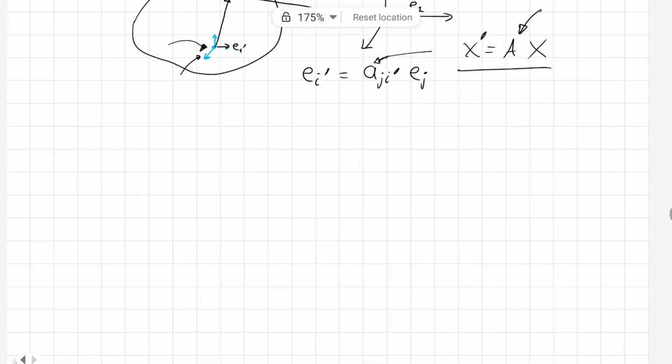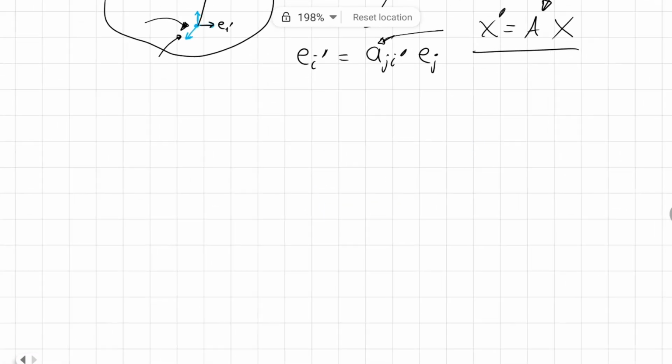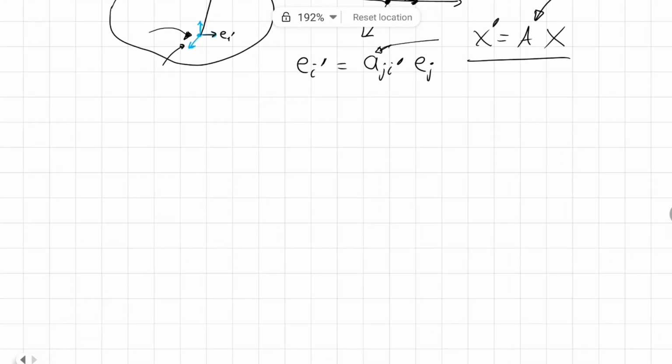And you should remember the video that we made talking about the inertia tensor, where we deduced the inertia tensor components of the rigid body. We found an expression that involves these elements A and the components of the angular velocity of the rigid body.